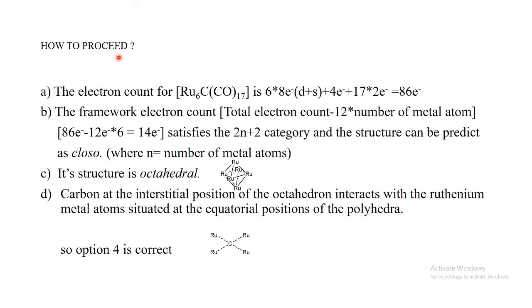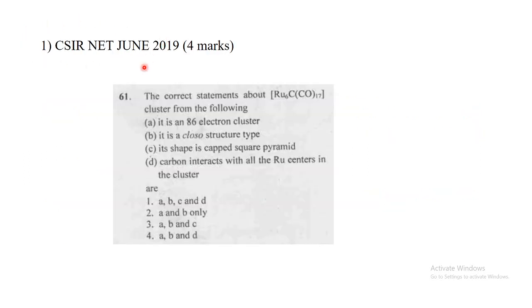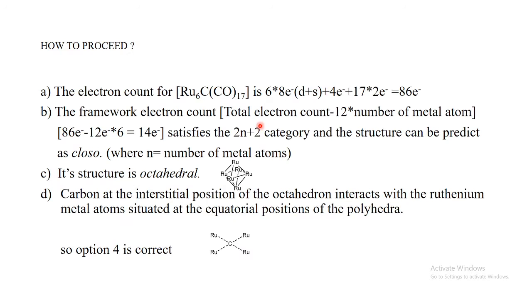So, how do we proceed to solve this question? In the question, the first statement given is it is an 86 electron cluster. So, first of all, our job is to count the total number of electrons for the ruthenium organometallic complex.